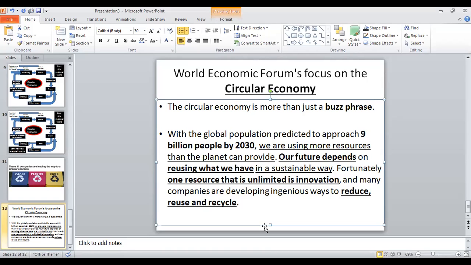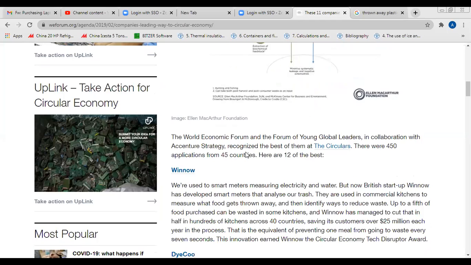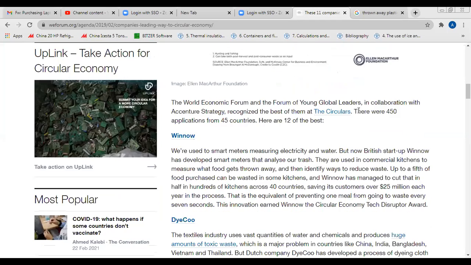Yeah. So that's why, reduce, reuse and recycle. And here, so let me change back to this article. Yes.